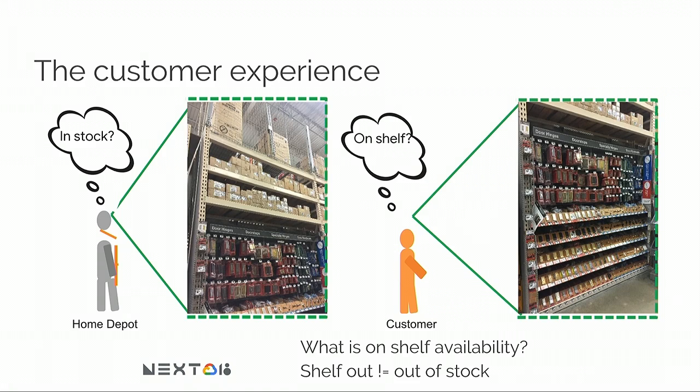Well, you go into the store and you walk to the shelf where it's supposed to be, and it's not there, and you wonder, what am I going to do now? How am I going to find the thing that I want? Especially in a Home Depot, you probably won't even see an associate anywhere nearby to help you find something. So if you really don't know where to go and you've never been in a Home Depot before, you might give up. More than likely, you're going to give up.